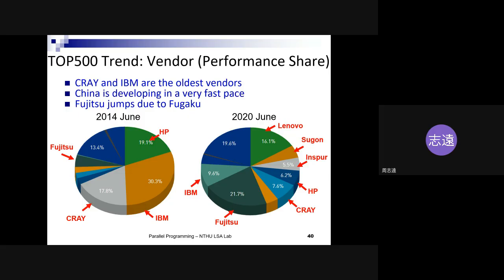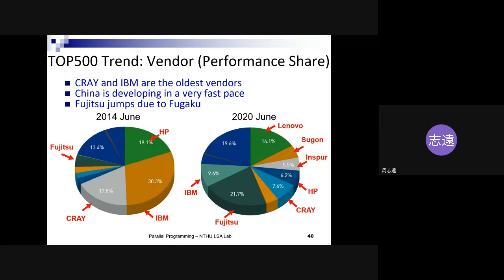Okay? And Japan is also one of the important countries here, especially since a year ago they developed the fastest, number one machine in the world. So of course the percentage also increased a lot in recent years.